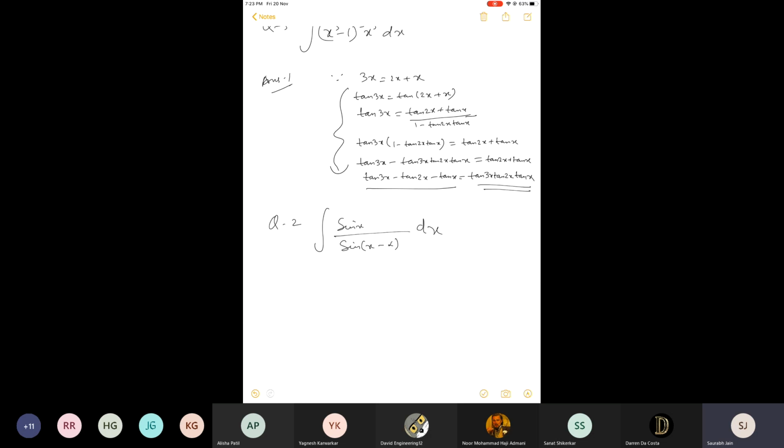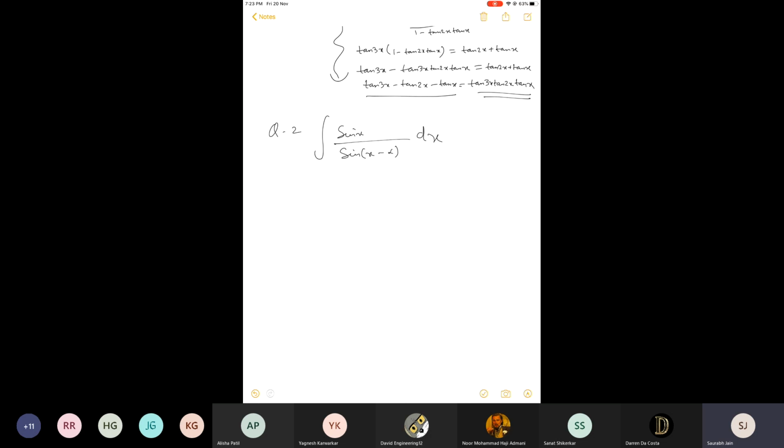Yes, anyone have any idea about the second question? This question is important as well. What can we do? We have x in the numerator, we can write it like this.